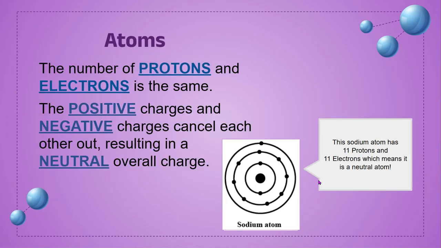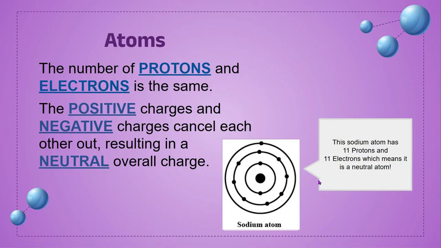So, a couple of things that we already know. Atoms. When we have a neutral atom, that means the number of electrons and protons are the same. Because protons are positive, electrons are negative, so they have to cancel each other out in order to have a neutral compound.